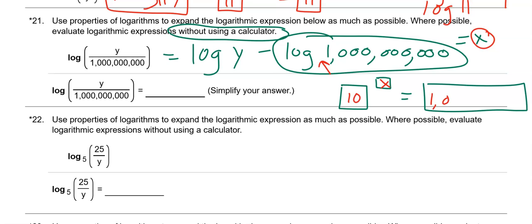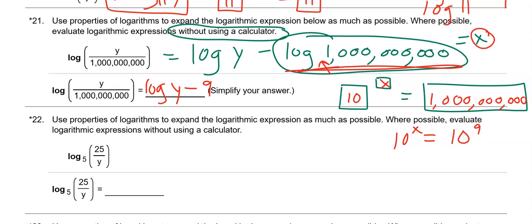That leaves me the 1 billion number in here, which is the same thing as 10 to the 9th power. 9 zeros, right? So the answer is going to be log y minus 9, because that part ended up being a 9.